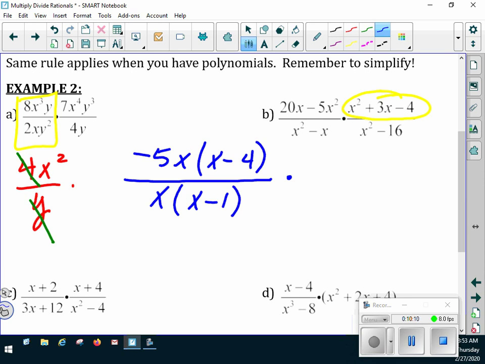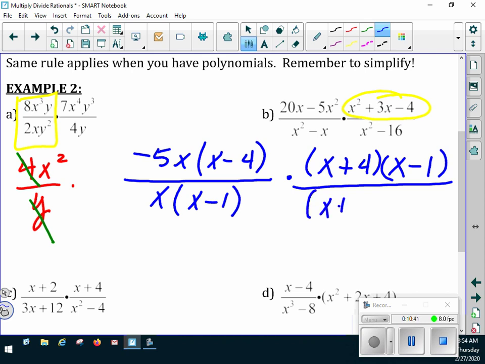No? How will that thing factor? Over? What's x squared minus 16? It's a difference of two squares. Yeah. X plus 4 times x minus 4.